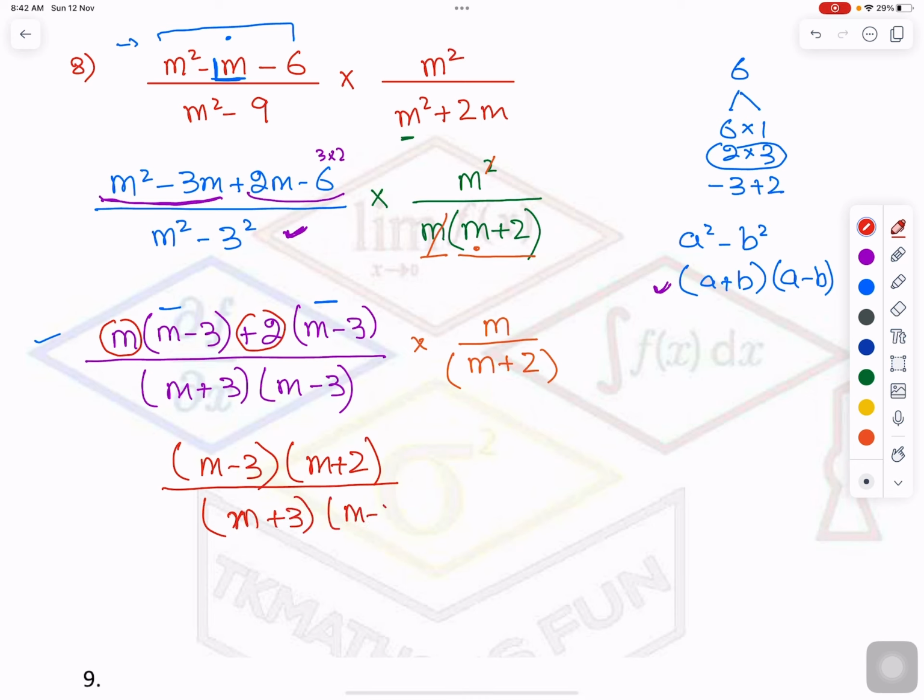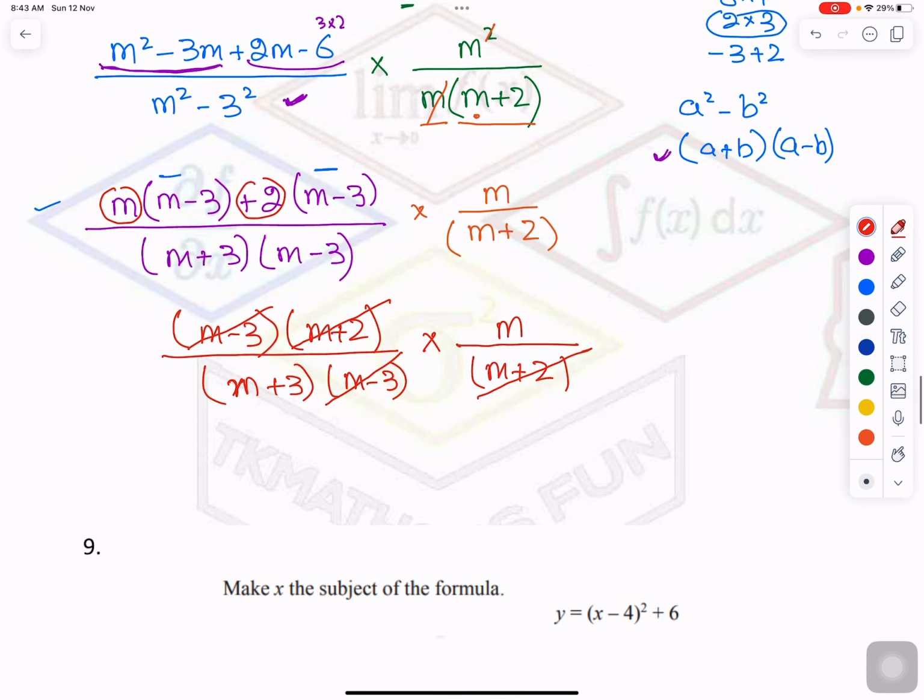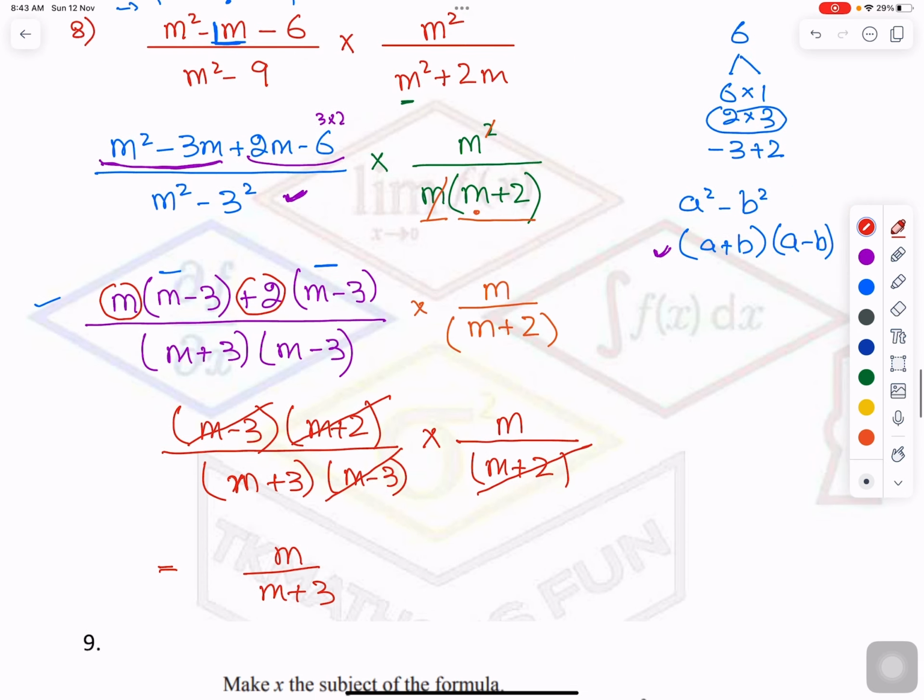And then for the other term, there is multiplication, so I can cancel any numerator with any denominator because there is multiplication throughout. Now this m plus 2 can cancel with this m plus 2. There is multiplication in between, so you can cancel it. This m minus 3 will go with this m minus 3. So what is left at the end? M divided by m plus 3. This is how you will simplify an algebraic fraction.